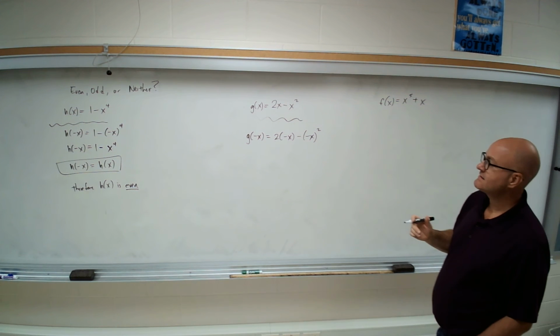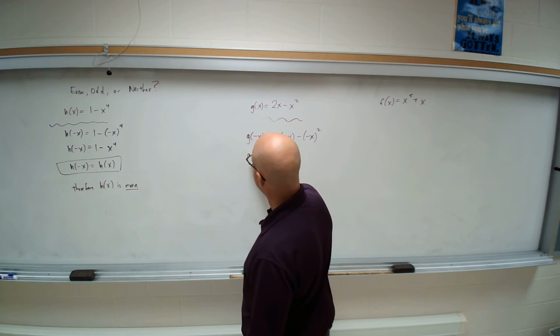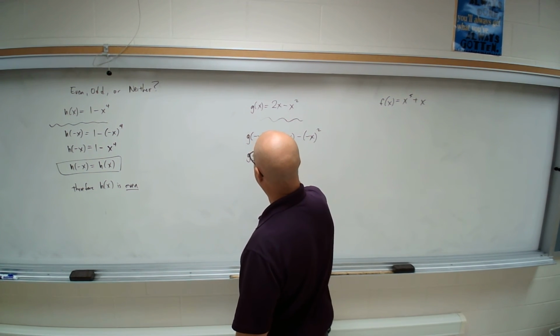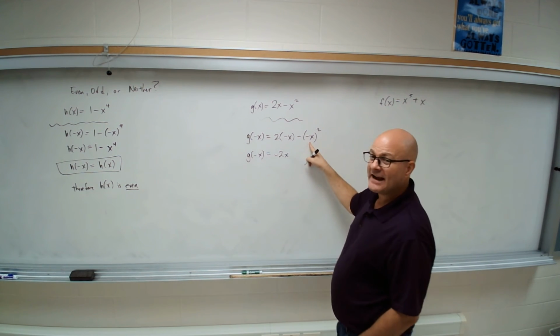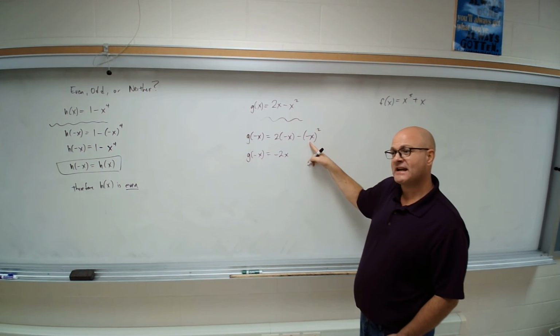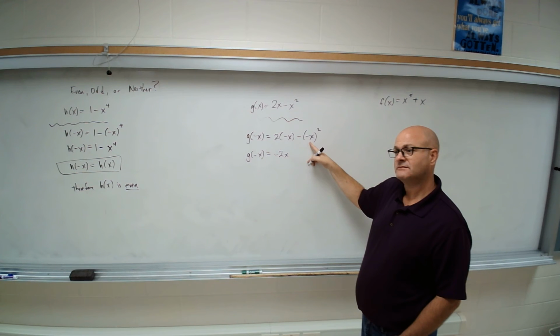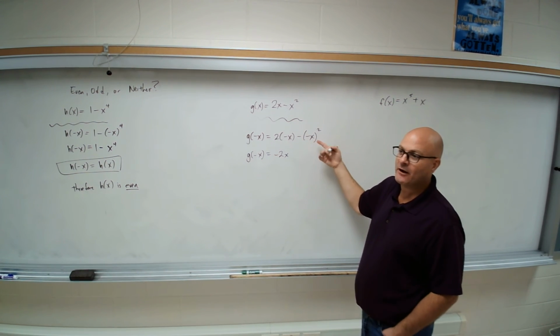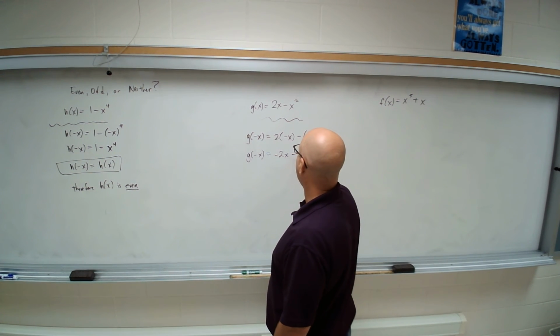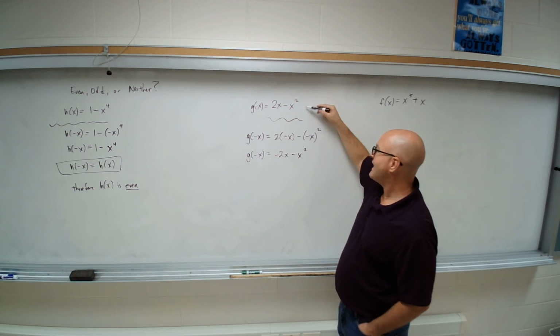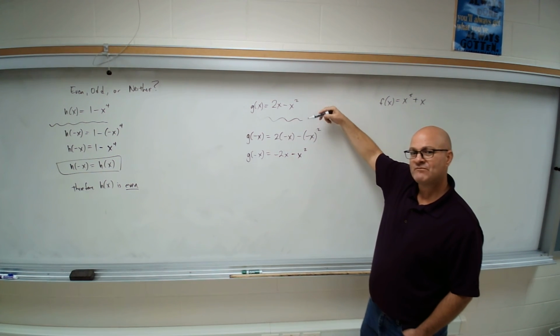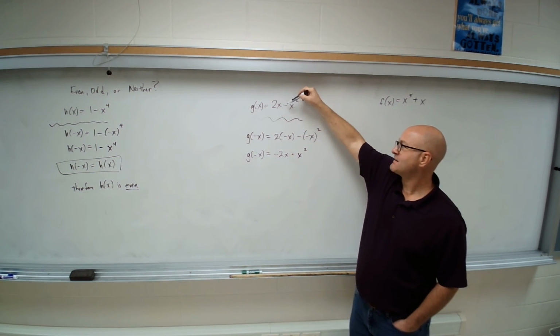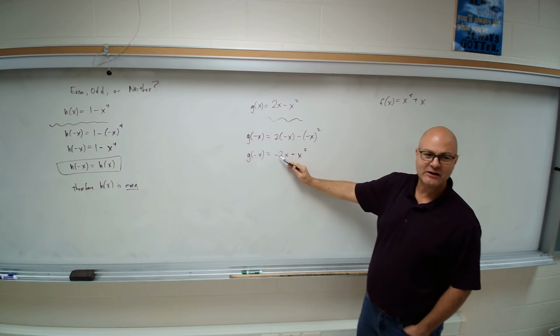So from this, we get negative 2x. Negative x, when I square it, just becomes x squared, doesn't it? Or you could think there's like 3 negatives, if that helps you. But however, you get minus x squared. Now, does that match the original? Yeah, that's 2x minus x squared. There's a negative there, so it doesn't match.